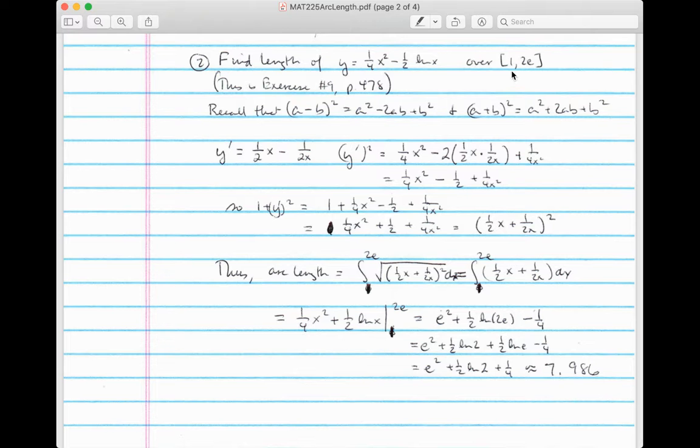We're going over the interval from 1 to 2e. And before we get too deep into this, let's remind ourselves that a minus b quantity squared looks like this, and a plus b quantity squared looks like that. So the only difference is I go from a minus 2ab to a plus 2ab. That's going to have some bearing in this problem.